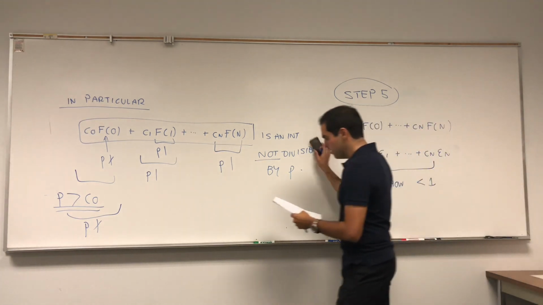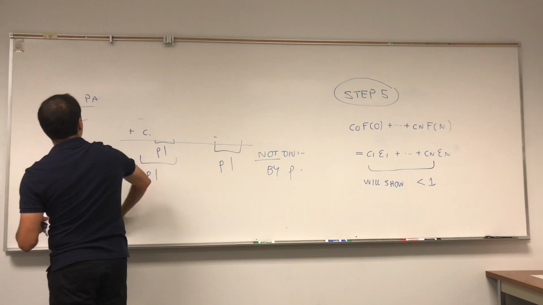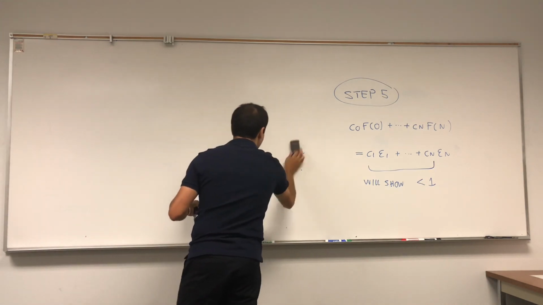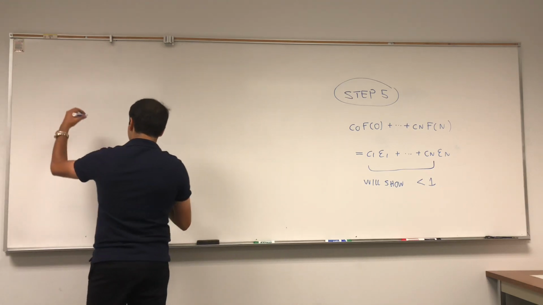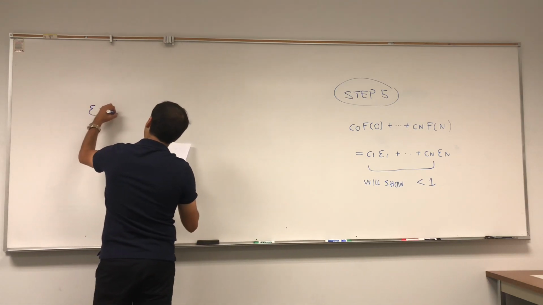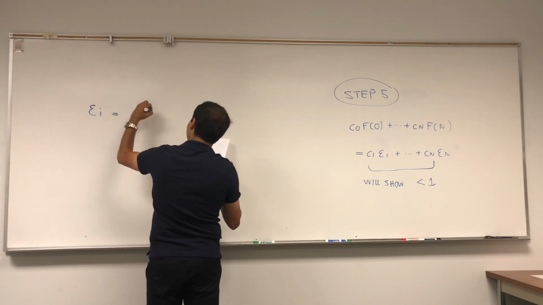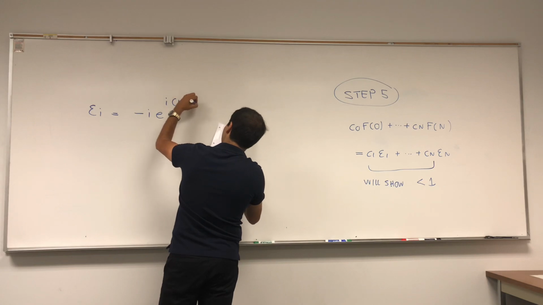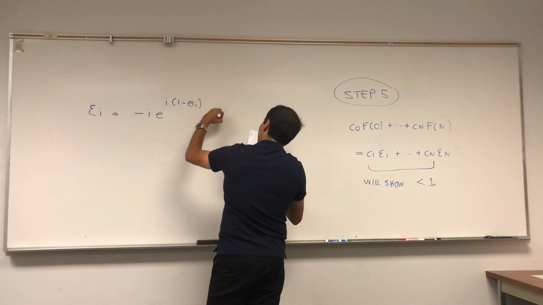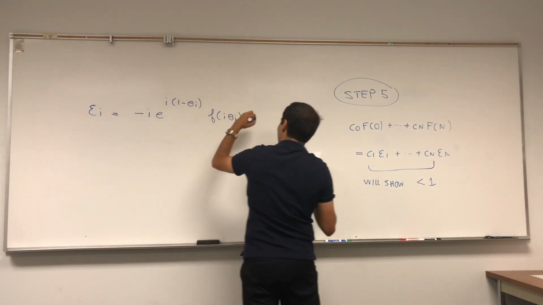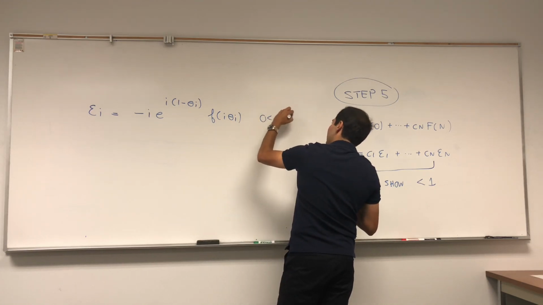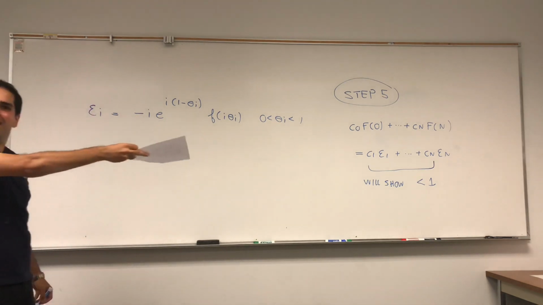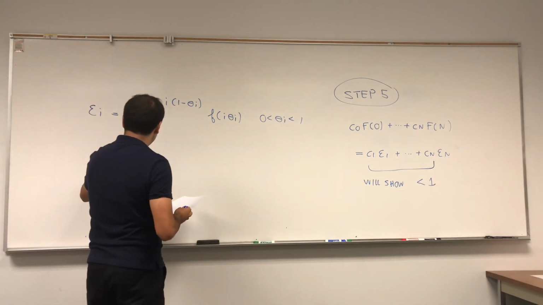Okay? And for this, let's remember what our epsilon i's were. Epsilon i, again, a long time ago, was minus i e to the i times 1 minus theta i, f of i theta i, where theta i is between 0 and 1. And now let's remember the definition of f, because that's super important.